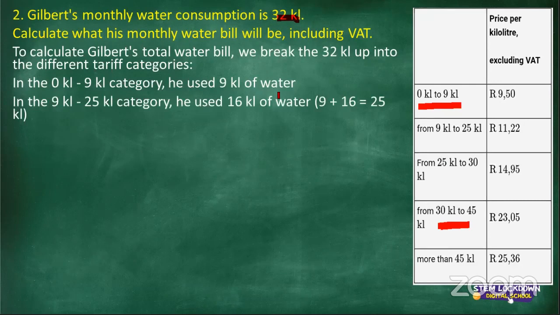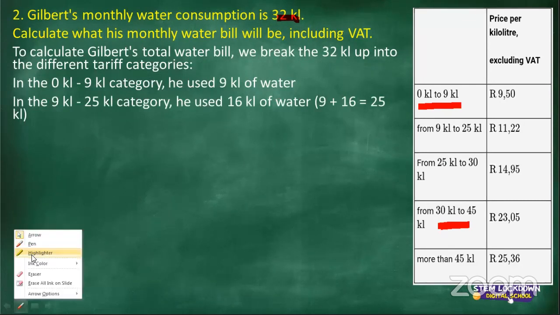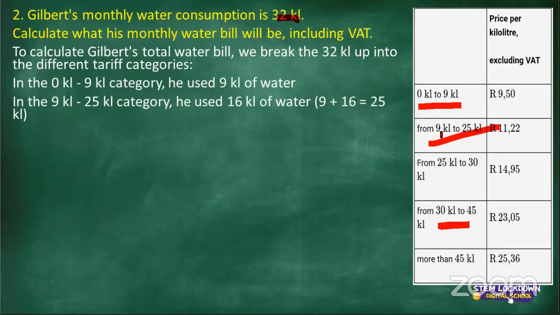In the second category, which is the 9 kiloliters to 25 kiloliters, he has used the whole 25, or rather, he didn't use the 25. Let's work that out, because that's a common mistake people make. In this category, how much did he use? Another way of calculating this is like calculating the range. It's 9 to 25, so 25 minus 9 gives you 16.